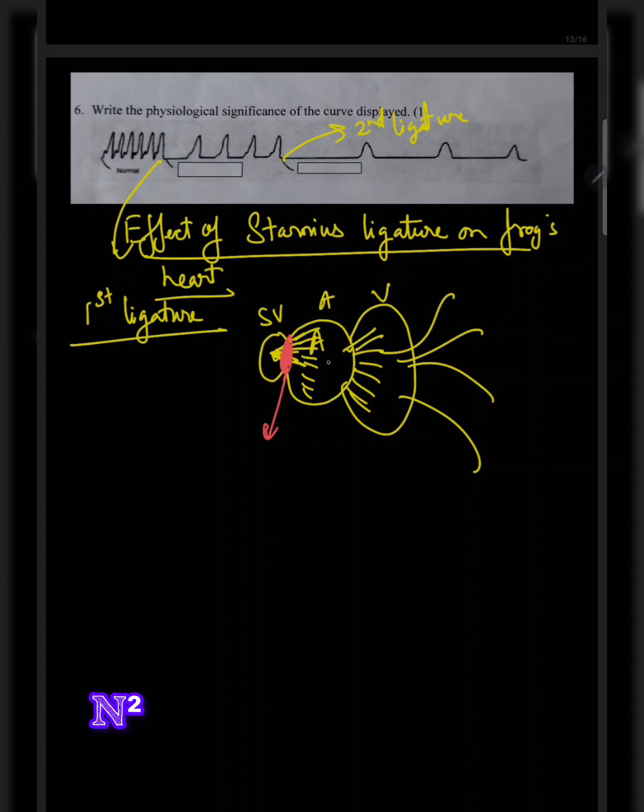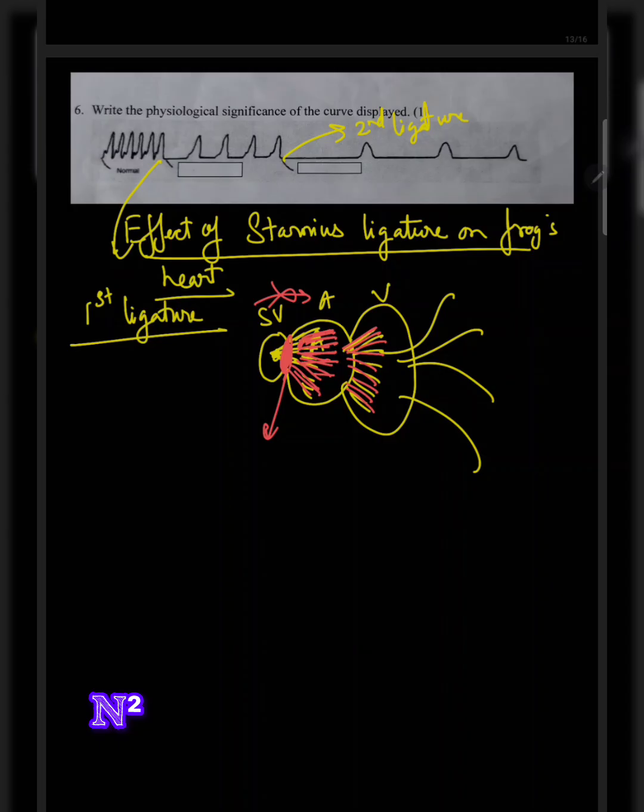So what will happen, momentarily there will be a pause, the atria won't be receiving the signal. Then it self regenerates. In the atria also there are some self regenerating pacemaker cells, so they will start regenerating these impulses. Then it will regenerate and pass to the next part of the chamber.